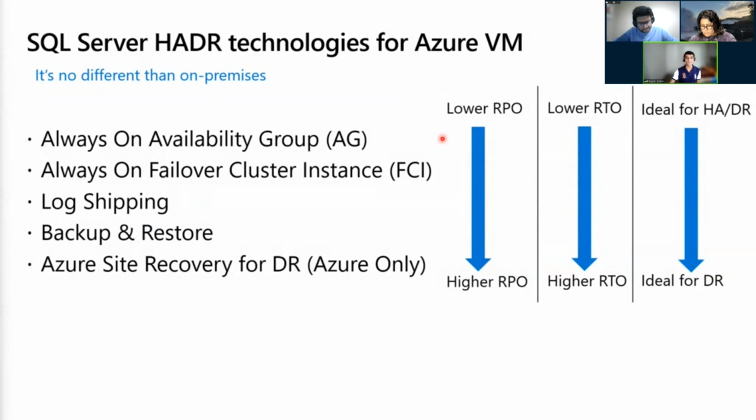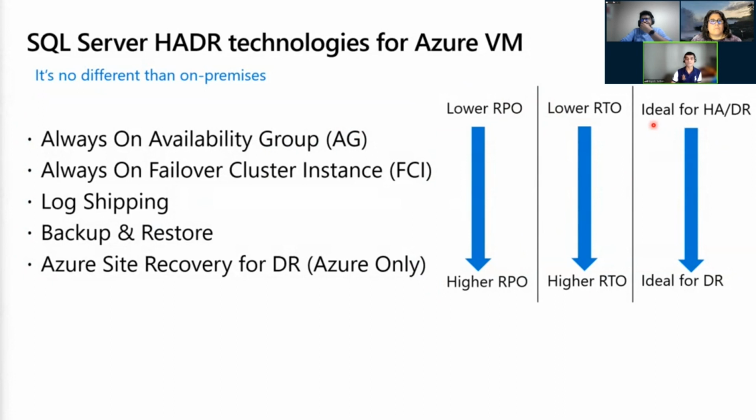As you go down the list from AG all the way to a DR-only site, you can see that both RPO and RTO tend to go higher, which is expected. We know that AG, which is a flagship solution, we have been using even internally to run our PaaS services, both for SQL DB and for managed instance, tends to have a lower RPO and lower RTO. And as you go down the list, the RPO and RTO go higher, right?